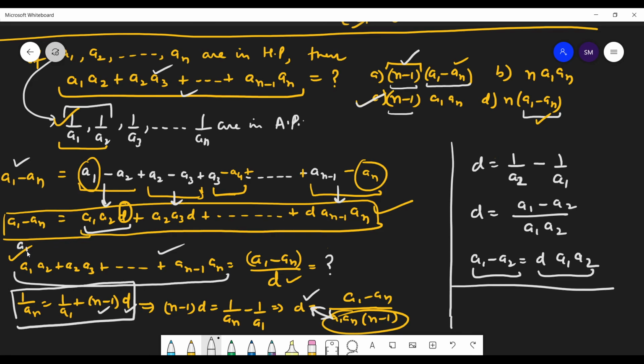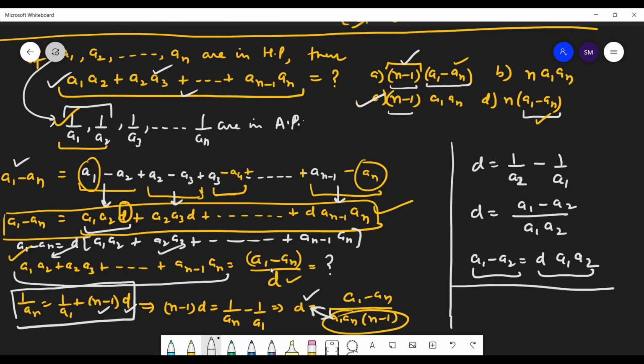So a1 minus an is equal to d into (a1 a2 plus a2 a3 plus so on up to a(n-1) an). So this d will go this side. So a1 minus an upon d is equal to this, because this is what I was searching for, what I have to find. So now at least one thing is fixed.